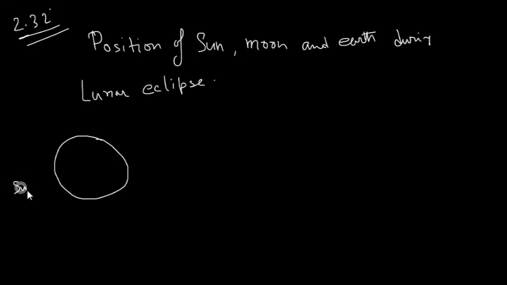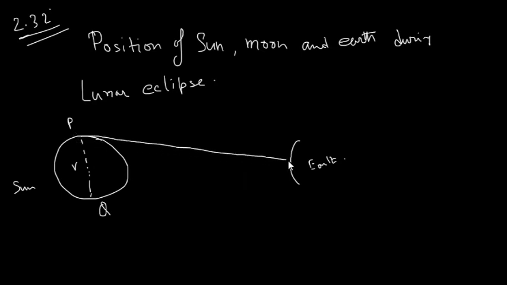This is sun. This is earth. So we can write here the diameter, this point as V, so this point is P, this is Q, and we can draw a line here.